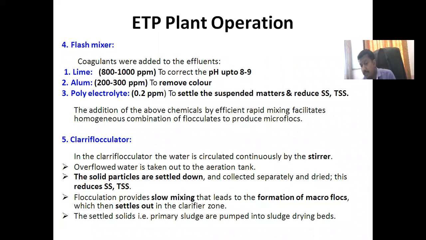Correct? Lime तुम्ही यूज करताय. What is the purpose of lime? It will correct the pH. Okay. And polyelectrolytes to settle the suspended matter and to reduce the suspended solids. You can call it anything. Okay. That is the process which is going to happen in the flash mixer.